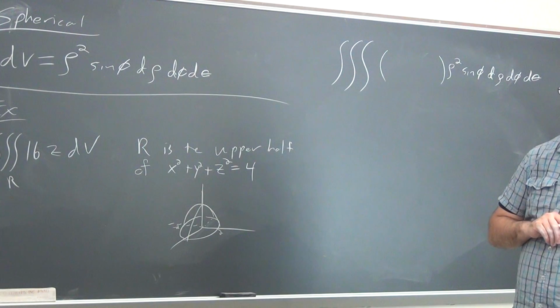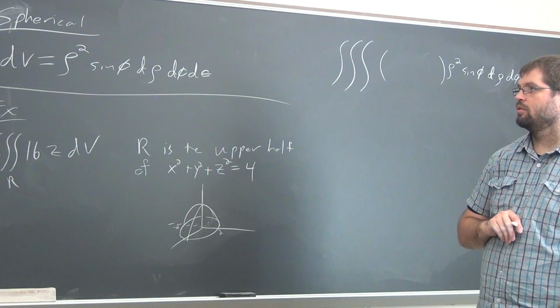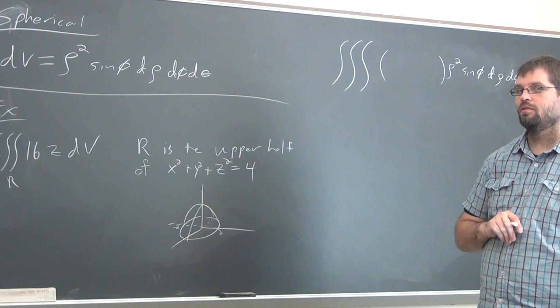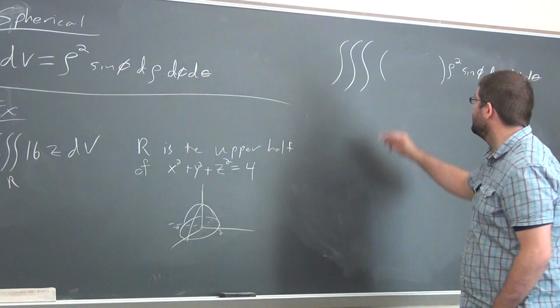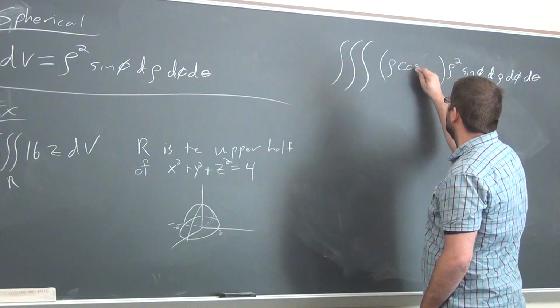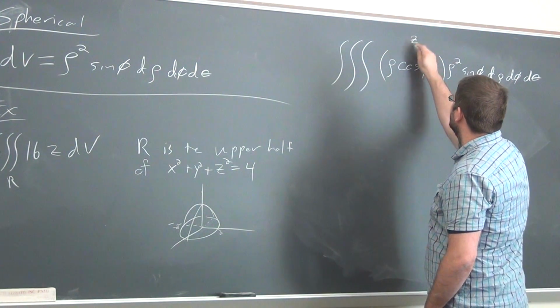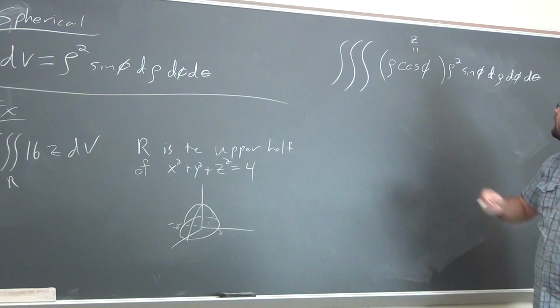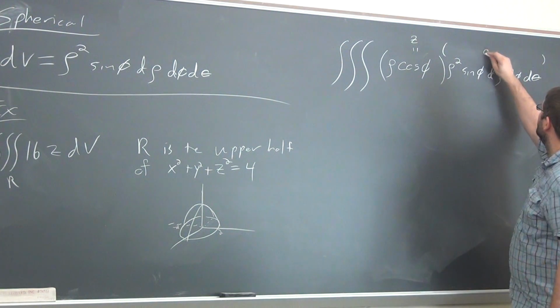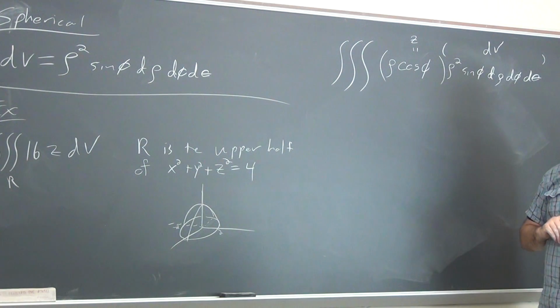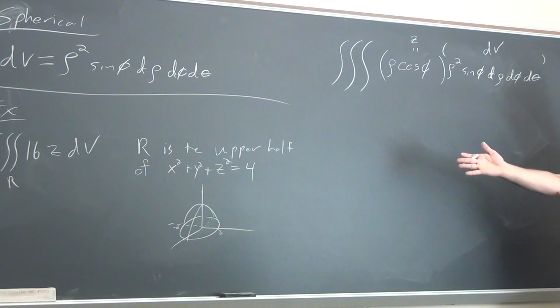Rho times cosine of phi. Again, you're just following that formula that we had before, right? That's your z right there. This whole bit here, that's your dV, right? You're just replacing those things.